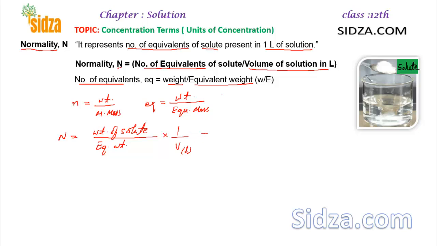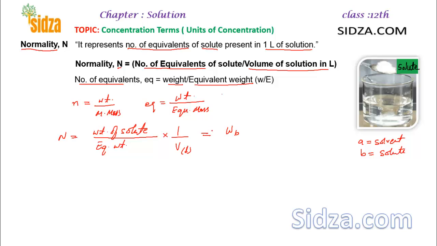So I can modify it slightly like this. This is the weight of solute, WB. As previously said, when I use the term A, it refers to the solvent, and when I use the term B, it refers to the solute.